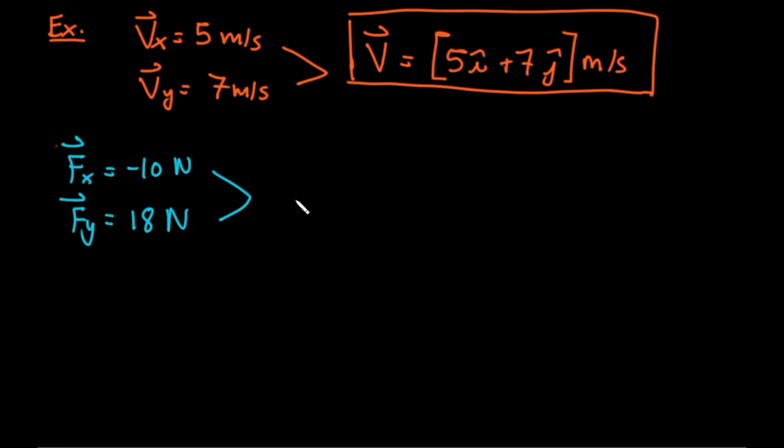All right, so the final answer for this question would be this. Vector F is equal to -10 with our I. This is a positive 18, so it's plus 18j. And we would finally bring our newtons, our unit, to the outside.